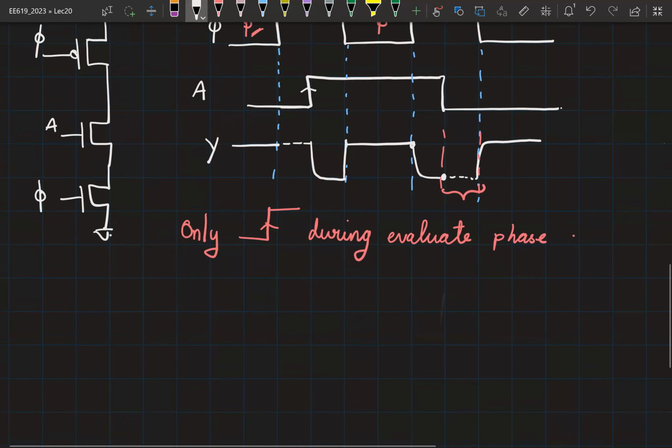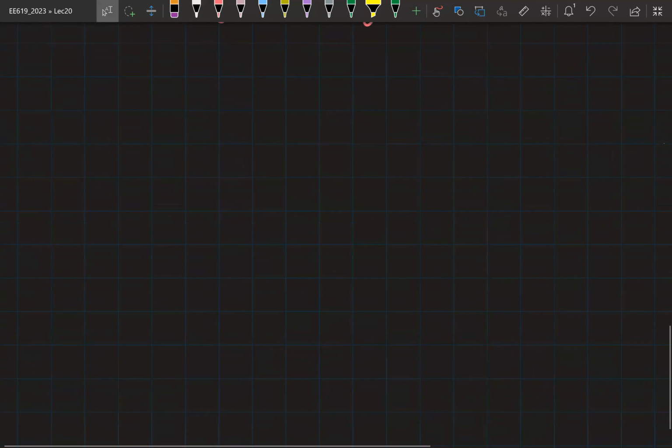Now let us consider a situation where we begin to cascade these dynamic circuits, right? So construct an AND circuit, which is a cascade of a NAND and a NOT.